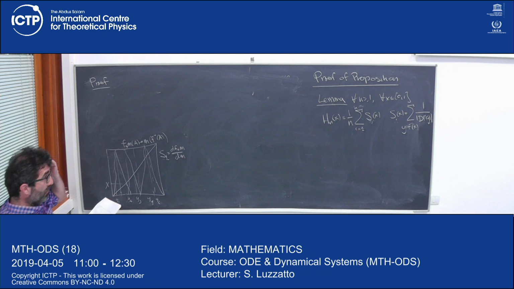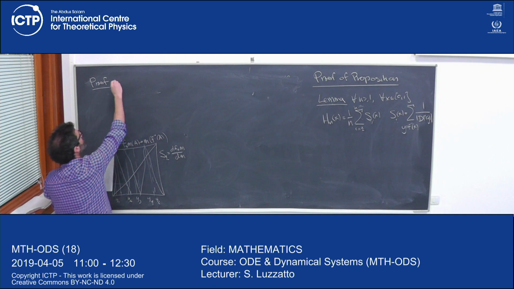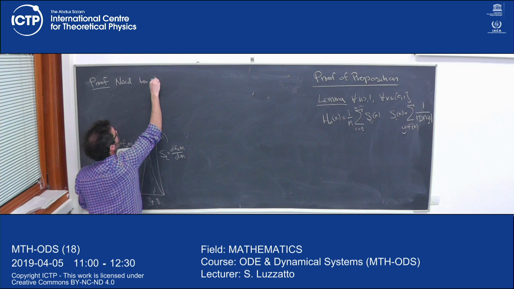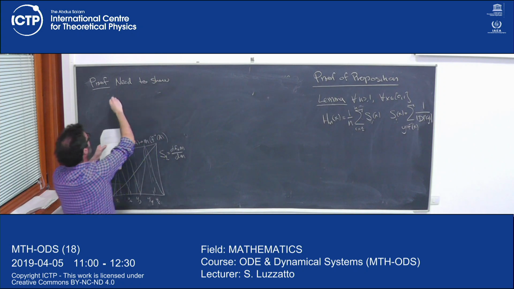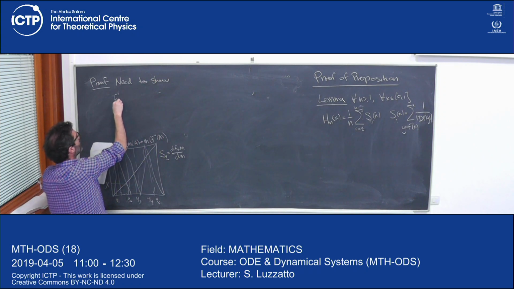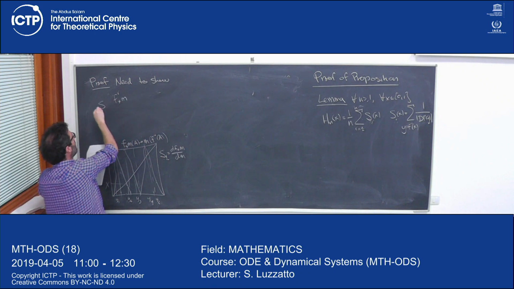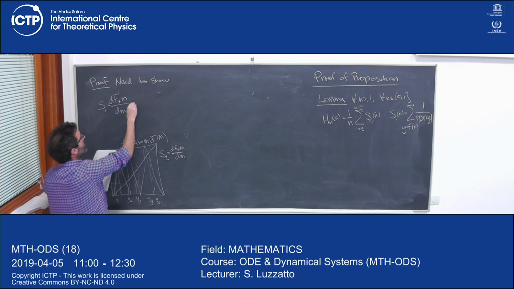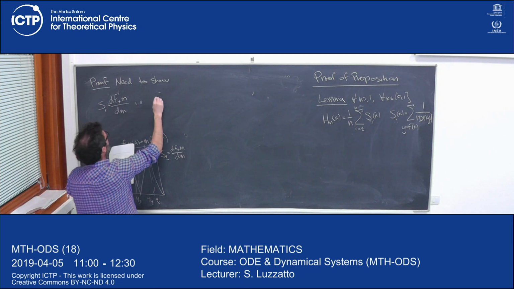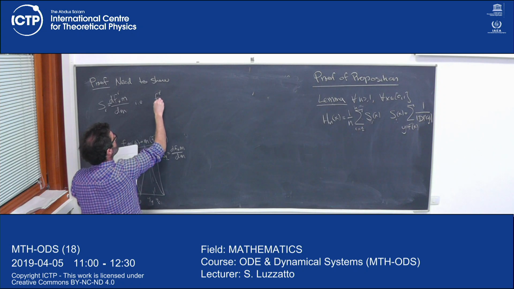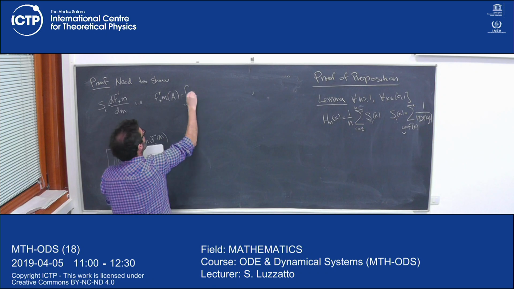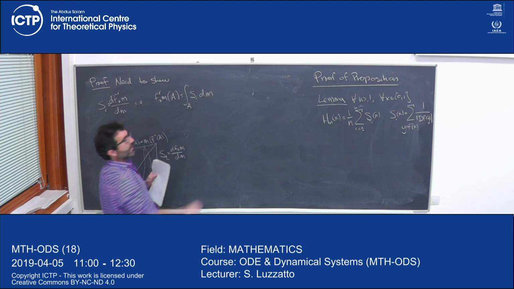So we want to show that Si is the density. We need to show that Si is equal to d fi star m by dm, which means that fi star m of some set A is given by the integral over A of Si dm.